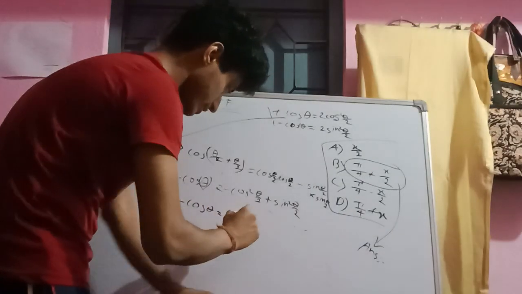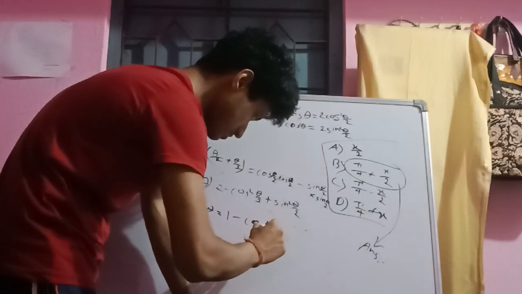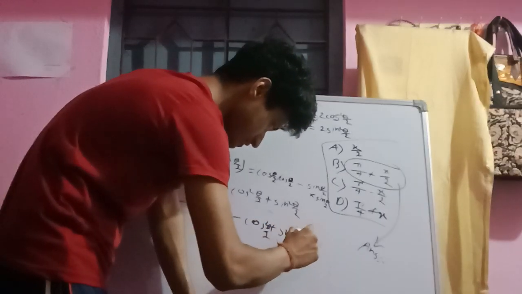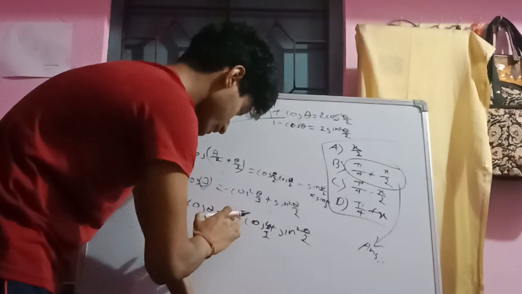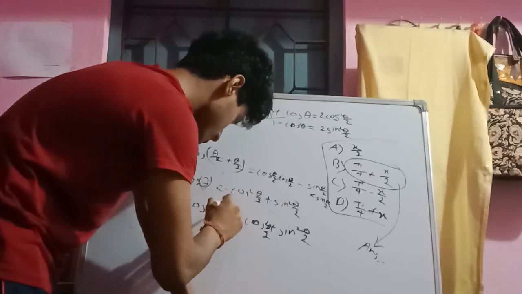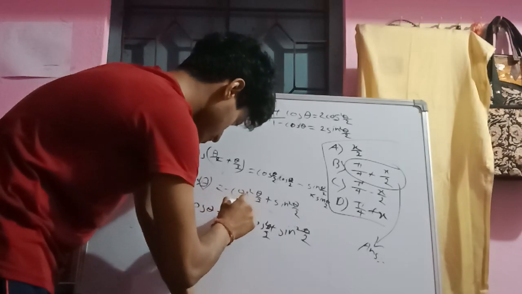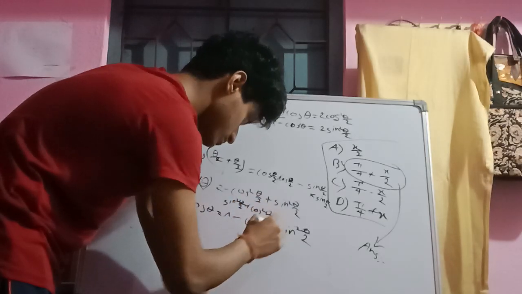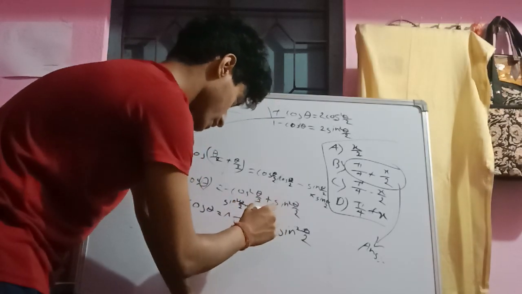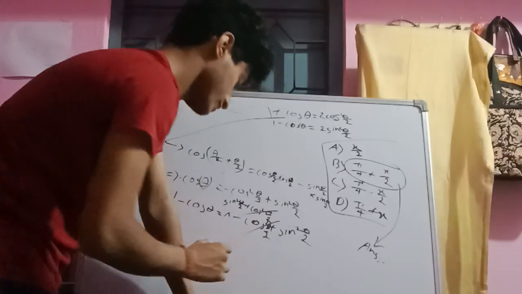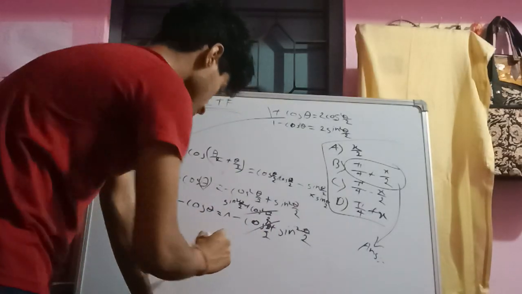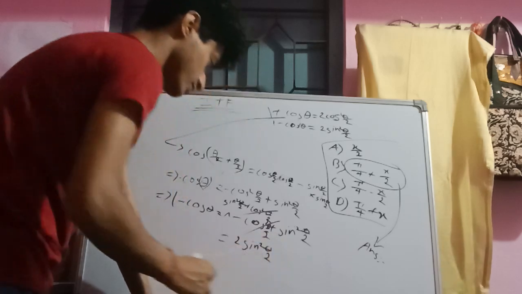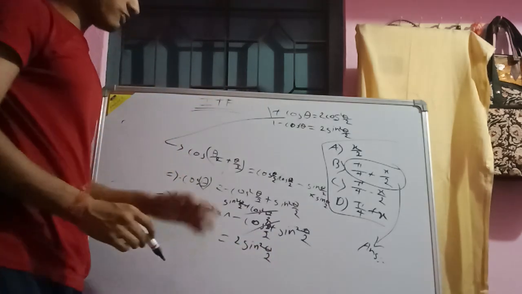On the right side I would have 1 minus cos square theta over 2 plus sin square theta over 2. Again I can rewrite this 1 as sin square theta over 2 plus cos square theta over 2. Now I can cancel out these cos square theta over 2, plus and minus. This will become 2 sin square theta over 2.